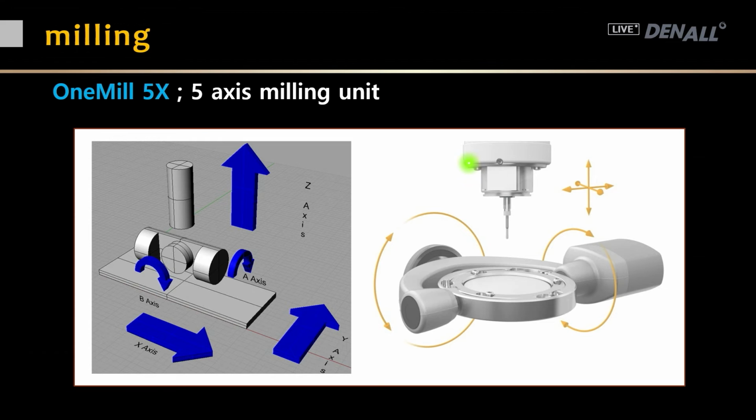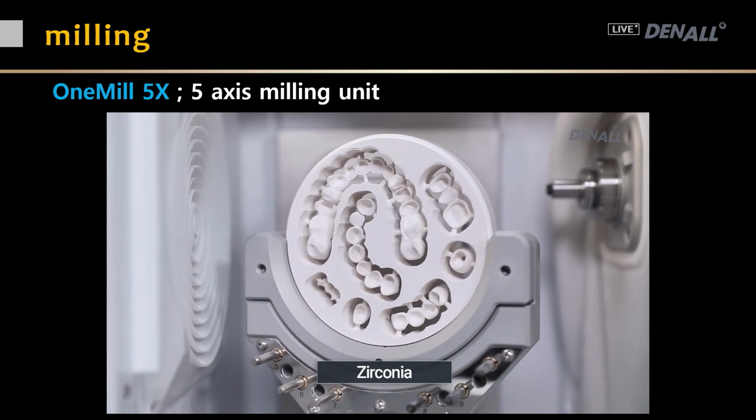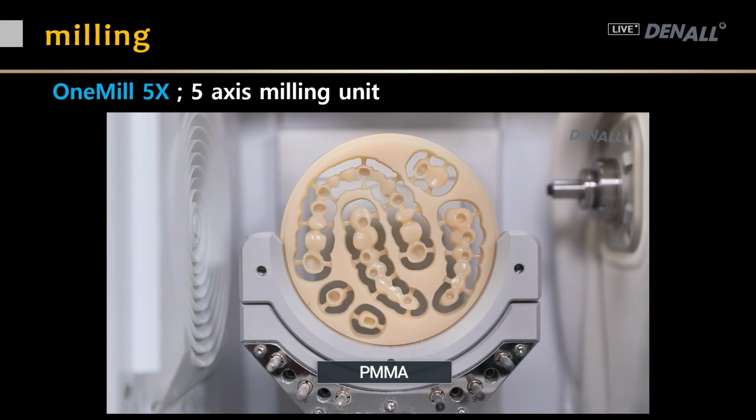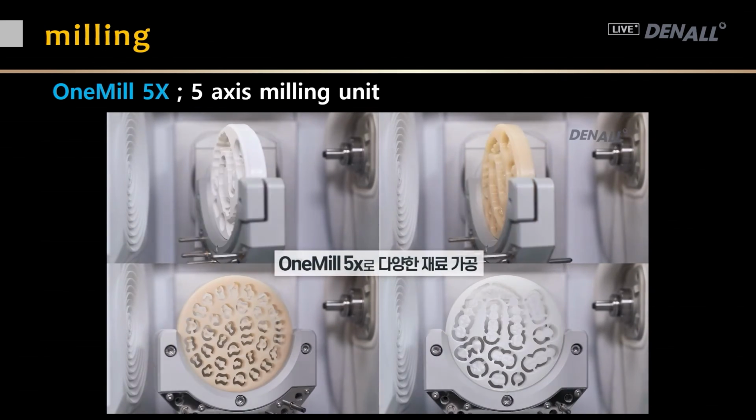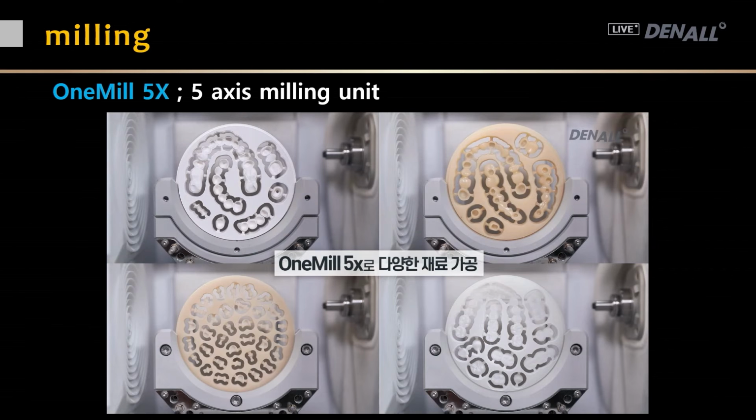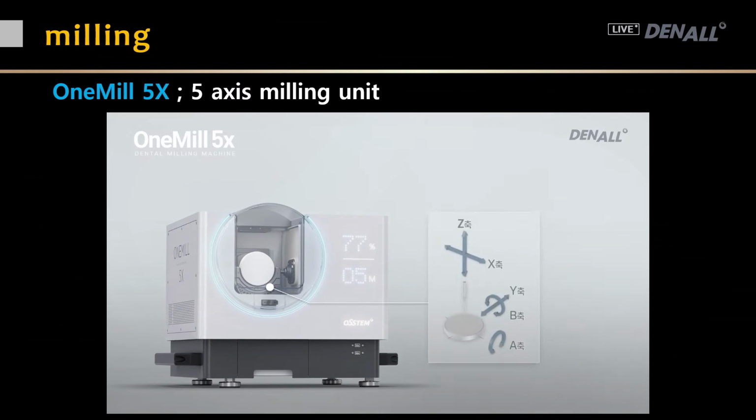So this is the actual milling unit. There's a drill that moves in X, Y, and Z directions. This holder turns back and forth and clockwise and counterclockwise. In this video, this is Osstem's 5-axis unit advertisement. A disc is used.